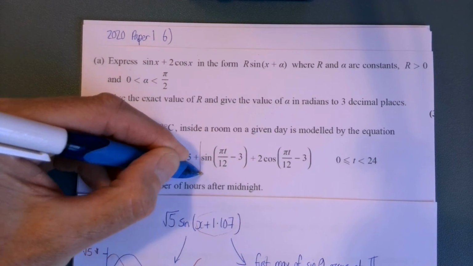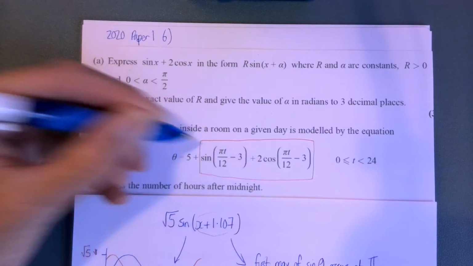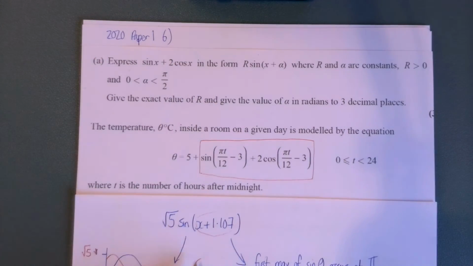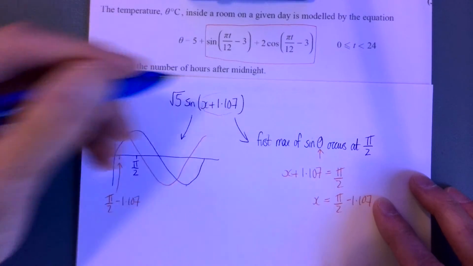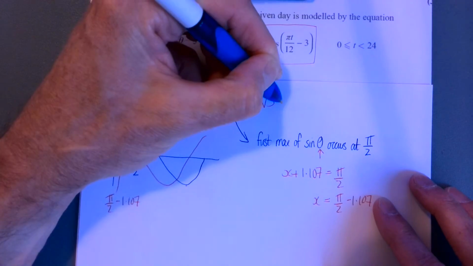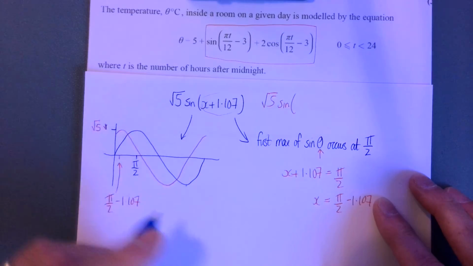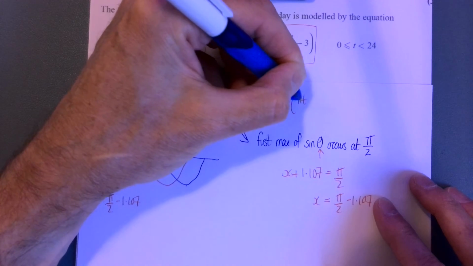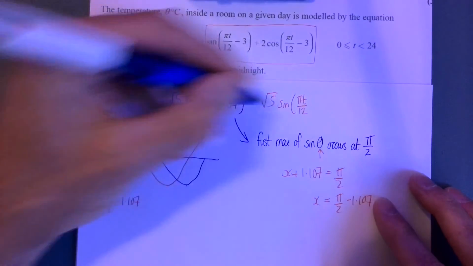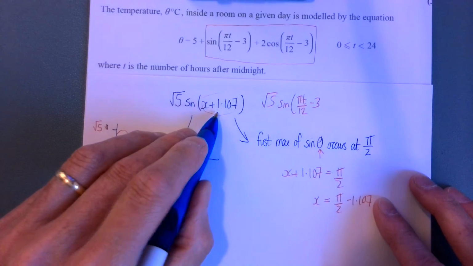So if I just look at this thing here, we rewrote this as this. So I can rewrite that as root 5 sine of, replacing x with this, not forgetting you've also got the 5.